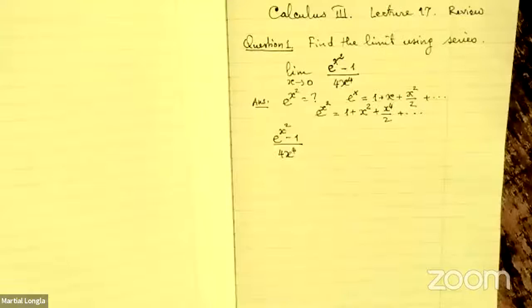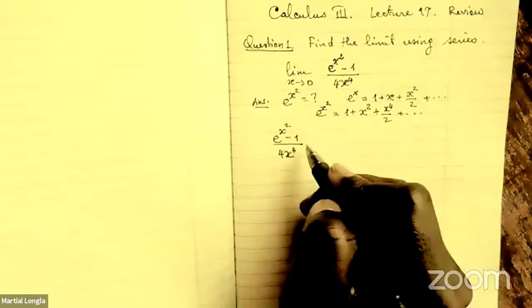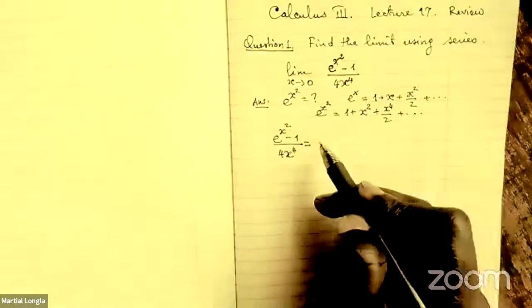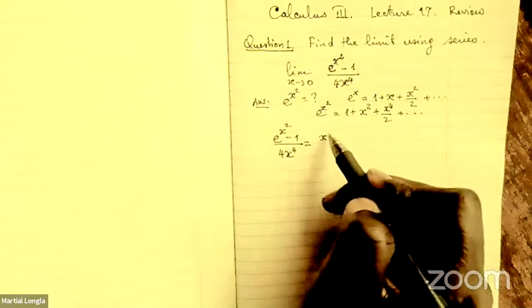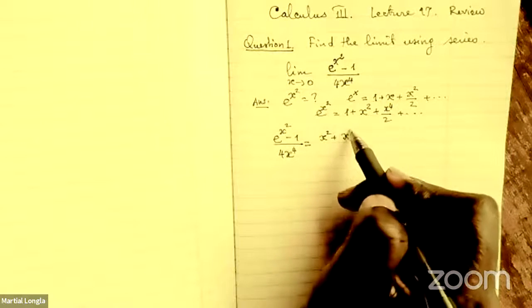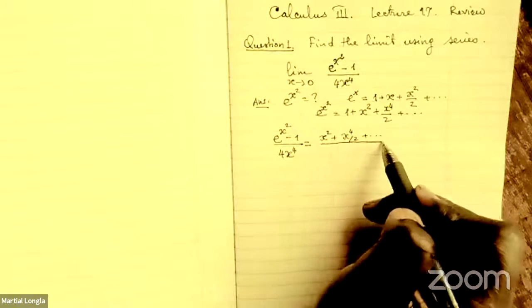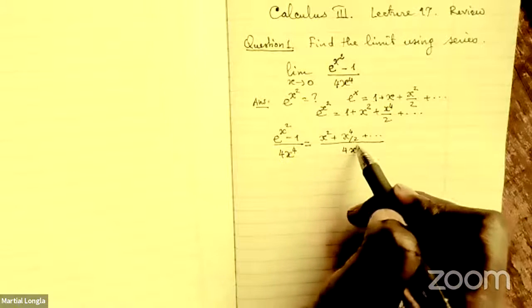So you got e to the x squared minus 1 over 4x to the fourth is equal, and then you replace there minus 1, you get x squared plus x to the fourth over 2, divided by 4x to the fourth.